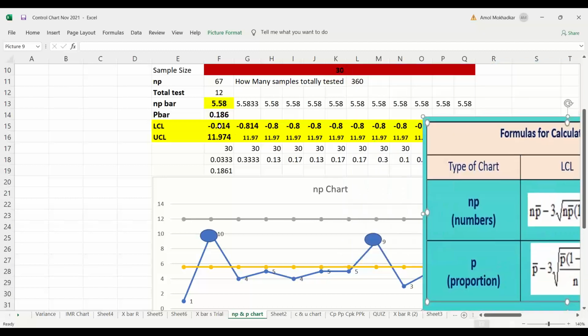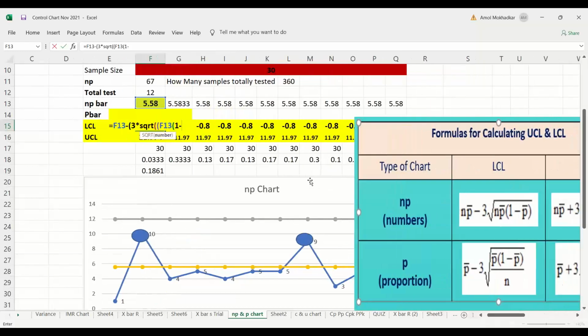So for calculating the LCL, you are going to take NP bar 5.58 minus 3 into square root of NP bar into 1 minus P bar.